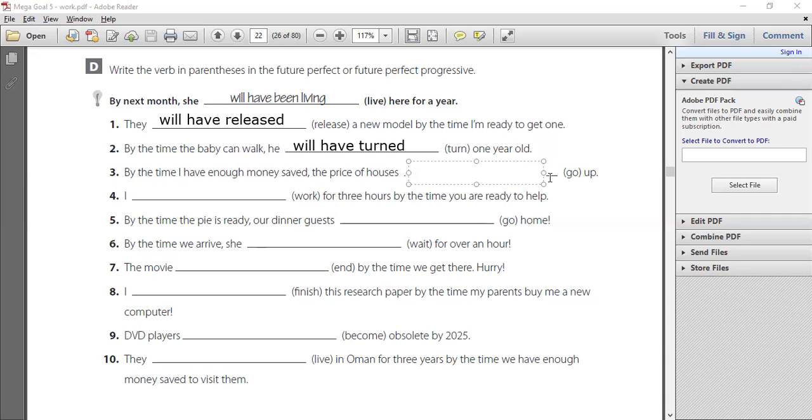Am I focusing on the time or on the event? Farah. Come on, let's finish.